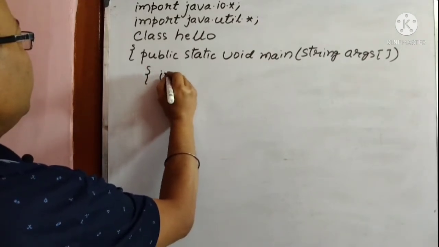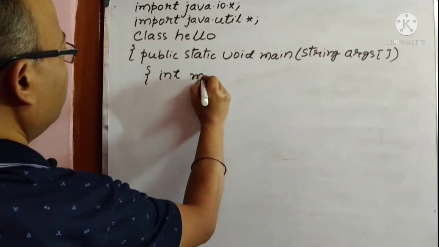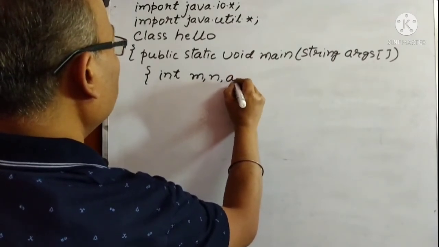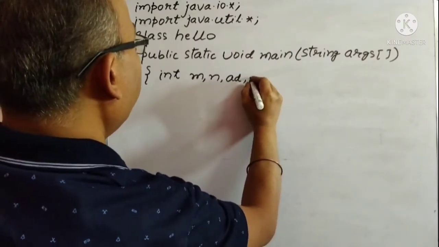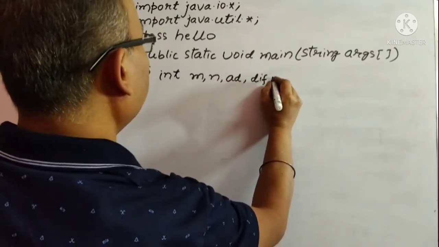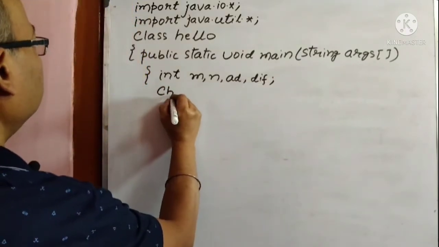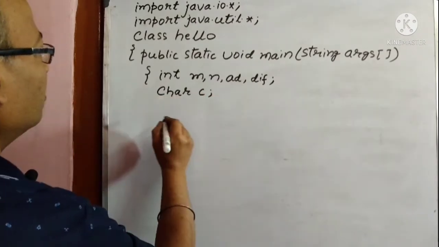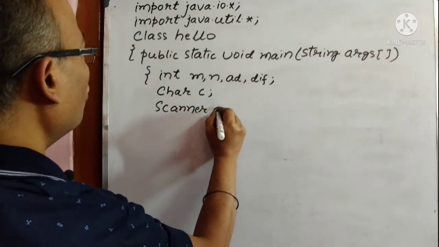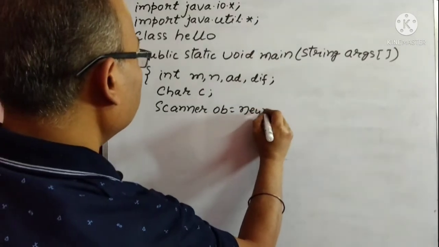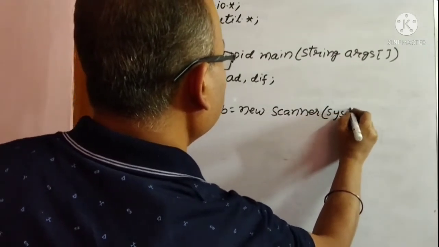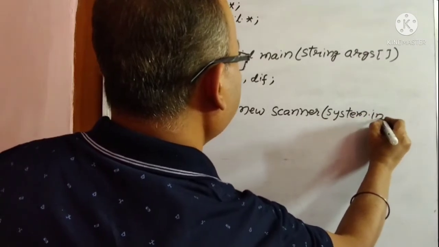Now here I will take integer variables m, n, and then suppose I will take add and dif, okay, and char c, okay, and Scanner ob equals new Scanner(System.in).